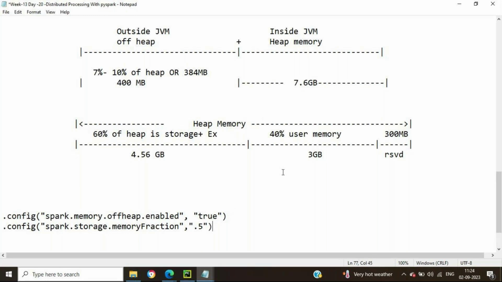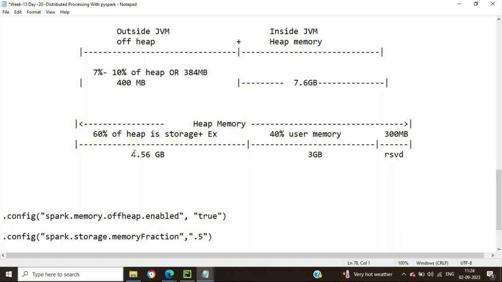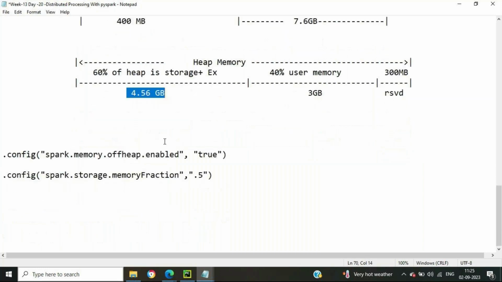Okay, so now I think Rahul has asked, so this particular parameter is going to decide. We have 60% of heap memory which is utilized for storage and execution, say 4.56 GB. Now we have this particular parameter which is driving this storage and execution memory.